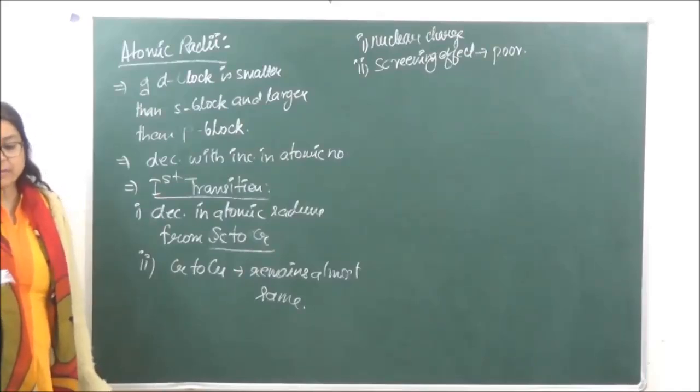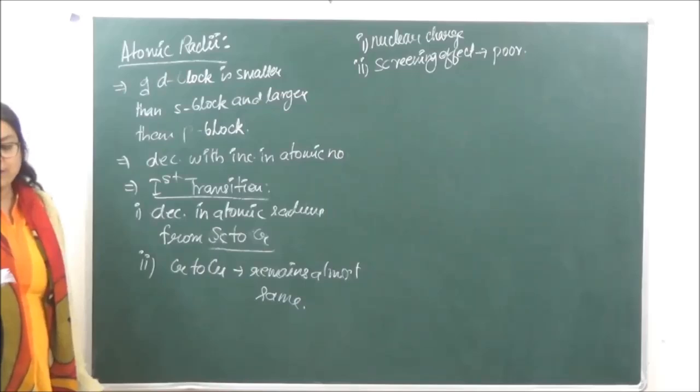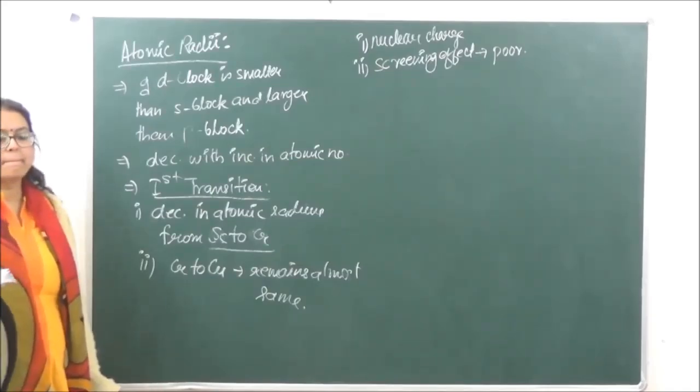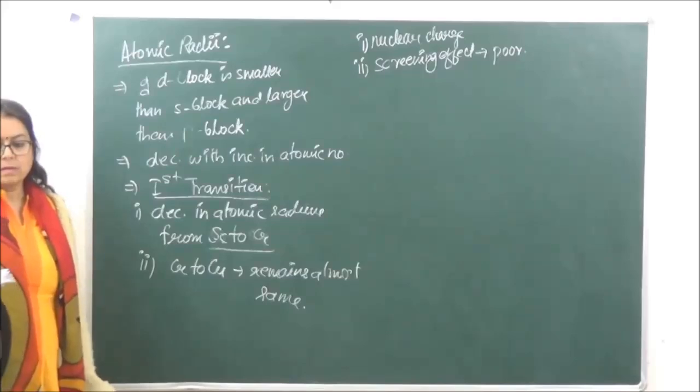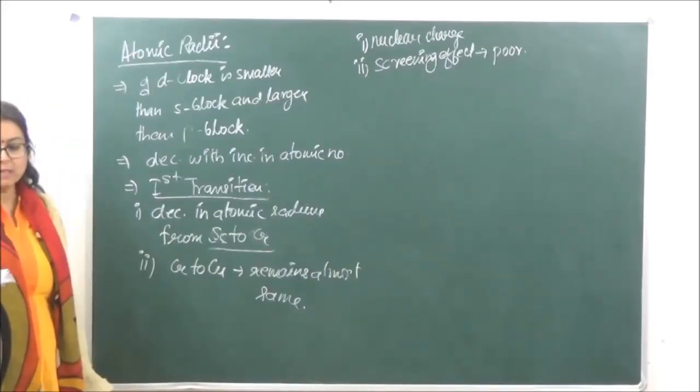Now midway जब हम लोग पहुंचेंगे, so you can just write down one point over here. The decrease in atomic radii is due to increase in nuclear charge, which reduces the size, and at the same time the addition of extra electrons also provides screening effect.